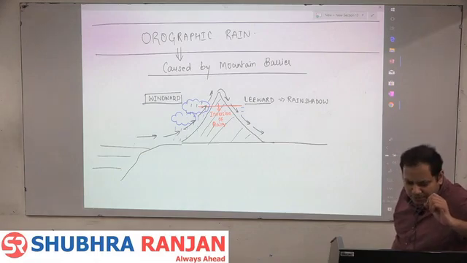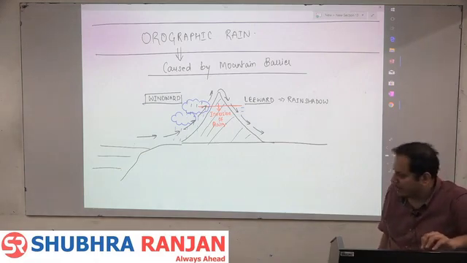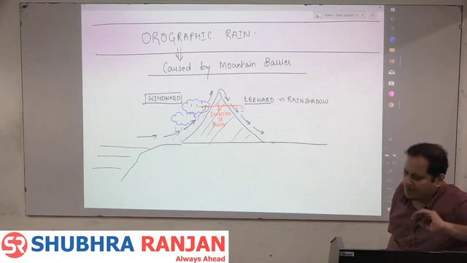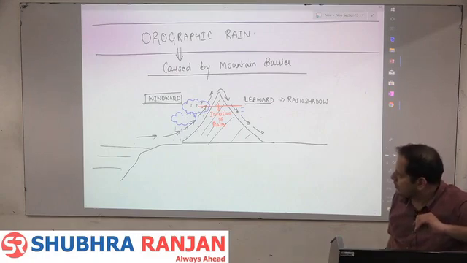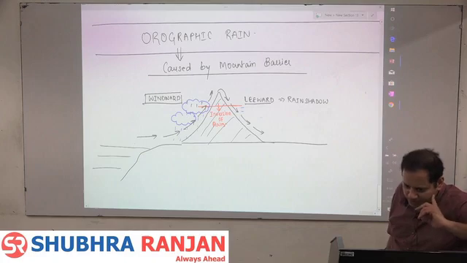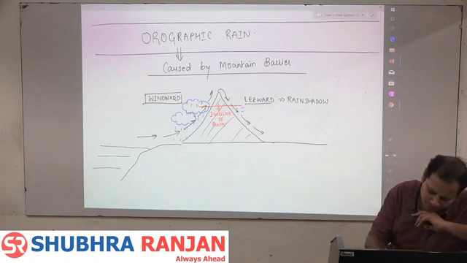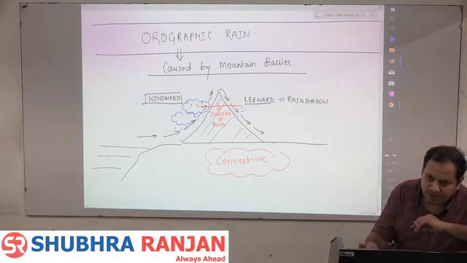Many times orographic rainfall is not just due to the mountains alone, but also due to an associated convective mechanism.